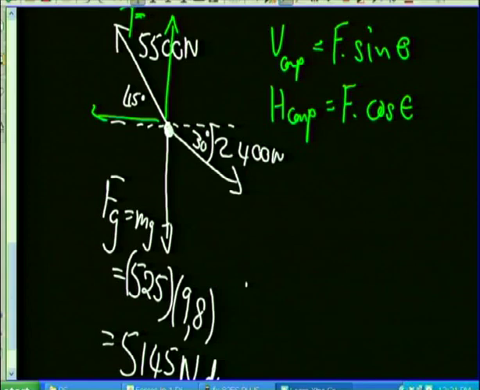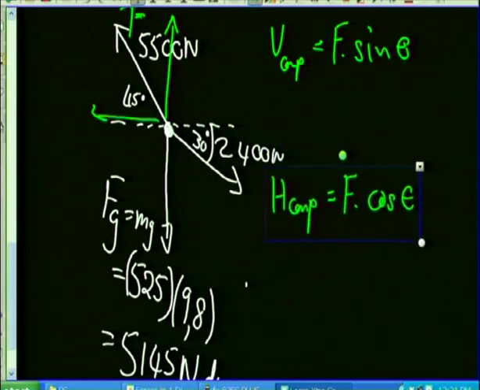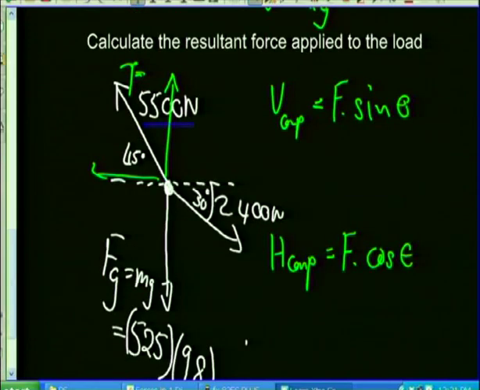So let's substitute in and let's get some answers working. I just want to give myself some space. So I'm going to move that one down a little bit. We're dealing with this force, which is the 5,500. Let's put it in.